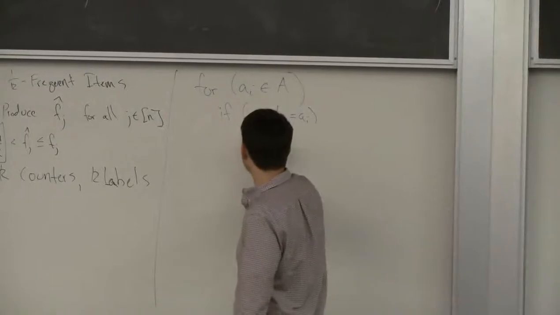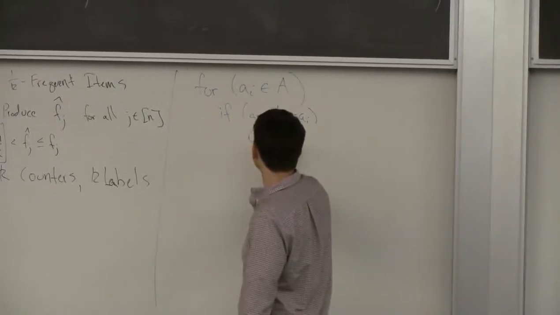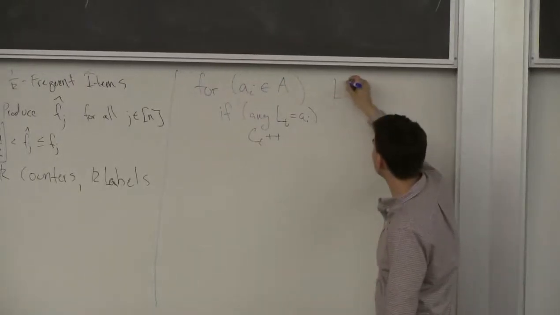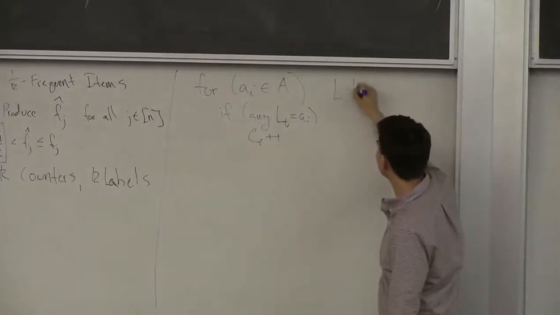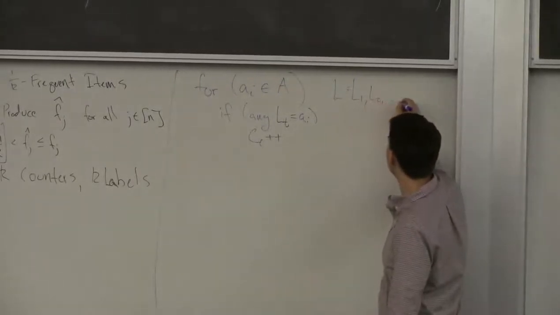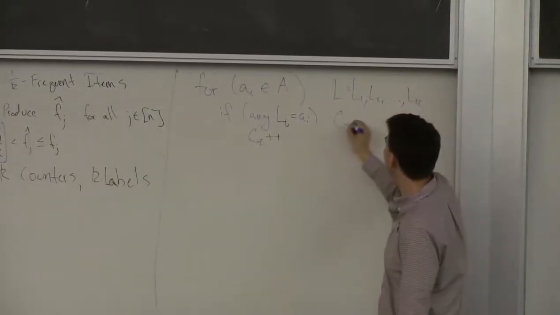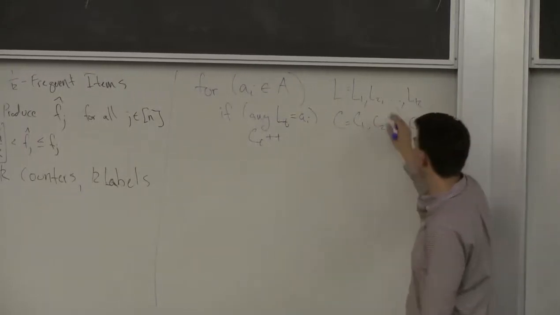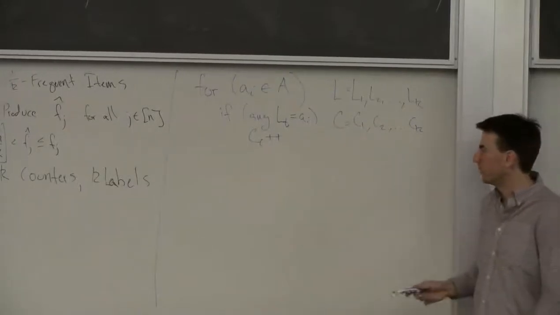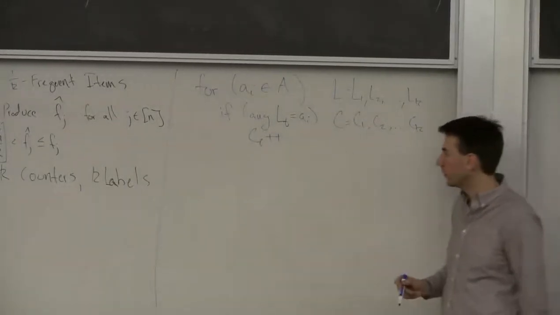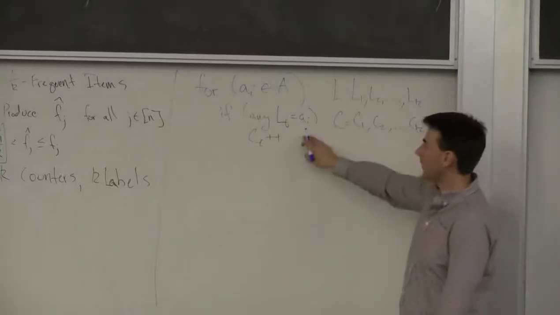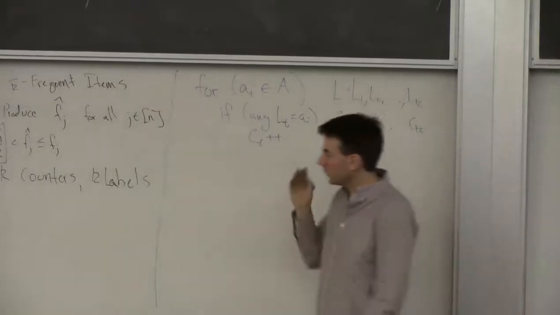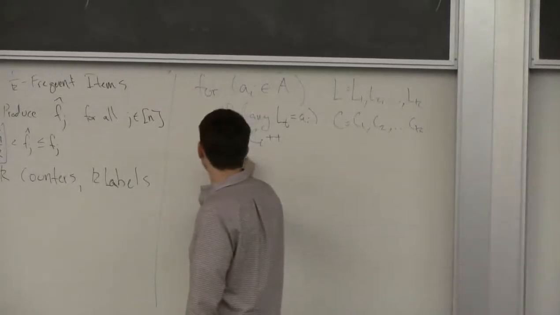That's all we're going to do. I'm going to have a set of labels, L1, L2, up to LK, and counters C1, C2, up to CK, and I'll use T as an index over these because I use I and J elsewhere. So if I see something and I have a label for it, I increment the count. That makes sense.